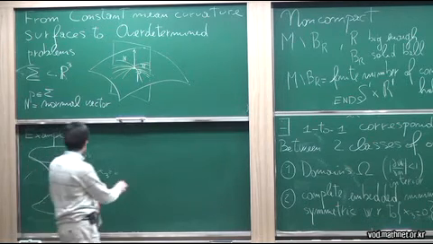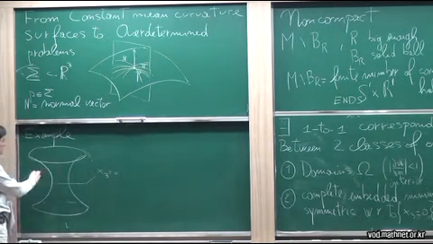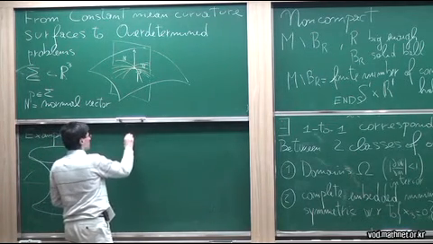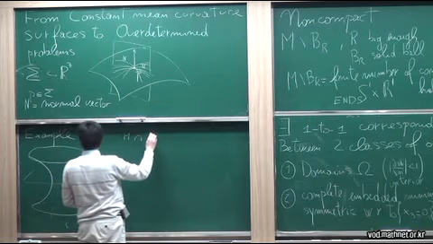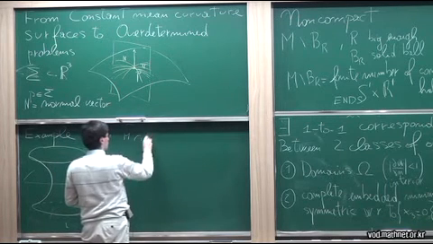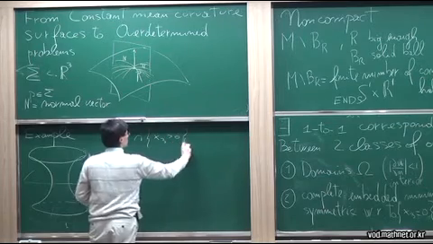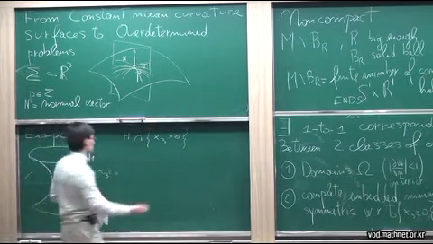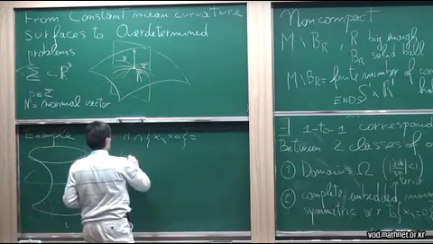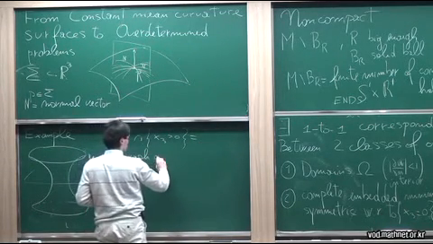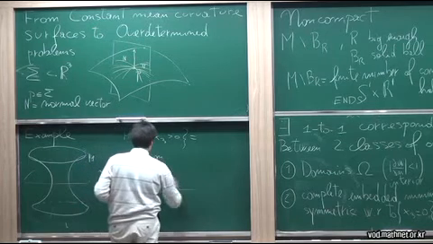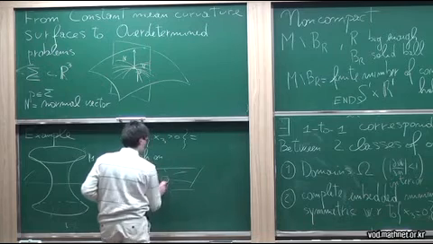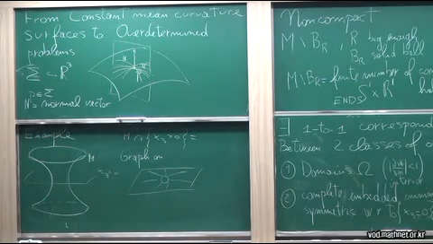Okay, preliminary remark. If I consider the intersection of M with x3 positive, so I am looking at this part of my surface, I have a graph on this.